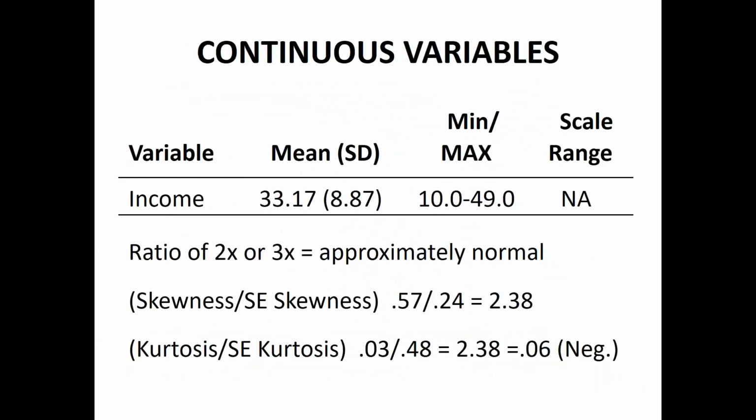If we divide the kurtosis by the standard error, because the kurtosis is smaller than the standard error, we get 0.06. So in the end, we have a 2.38, which is not that bad, and a 0.06, which means it's less than. So it's approximately normally distributed.